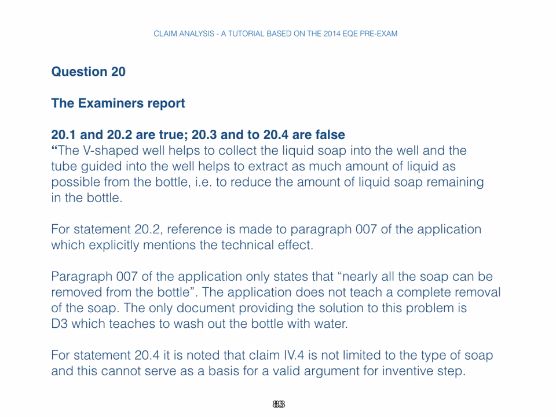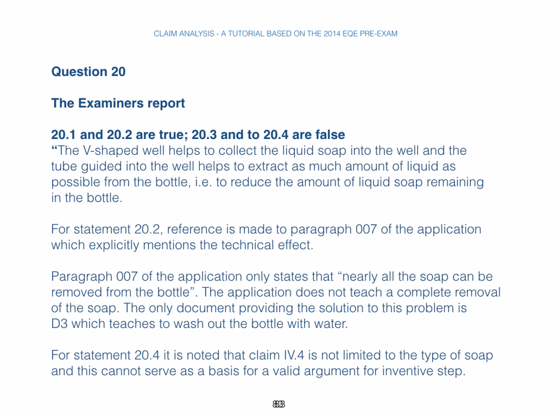The examiners say the V-shaped well helps to collect the liquid soap into the well, and the tube guided into the well helps to extract as much amount of liquid as possible from the bottle, i.e. to reduce the amount of liquid soap remaining in the bottle. For statement 20.2, reference is made to paragraph 7 of the application, which explicitly mentions the technical effect. And the examiners go on.